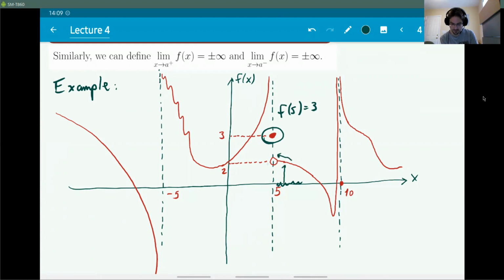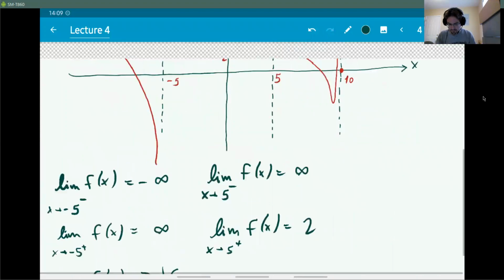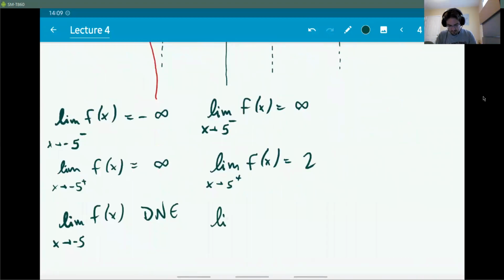It's approaching the number 2 actually. So yeah, this is a case where the right limit is not an infinite limit, it's a number. That can happen. And because of the two statements above, you can also say that the limit as x approaches 5 does not exist, because 2 and infinity are different.